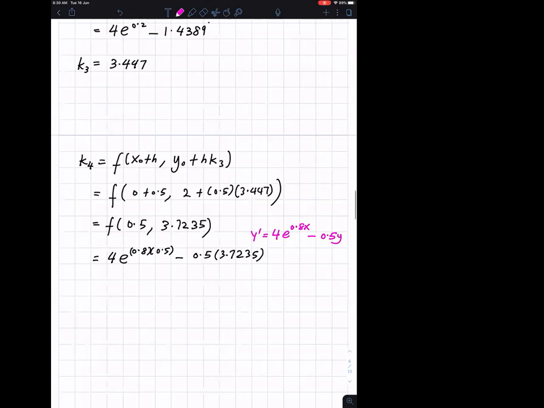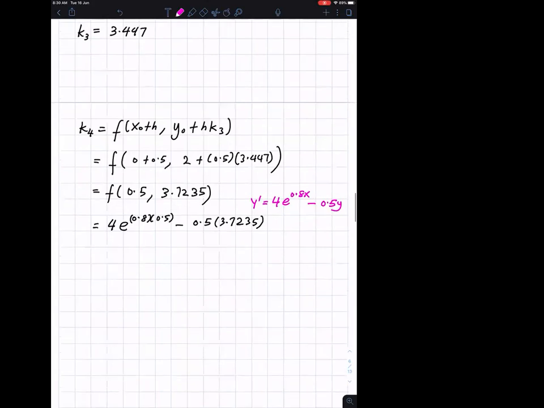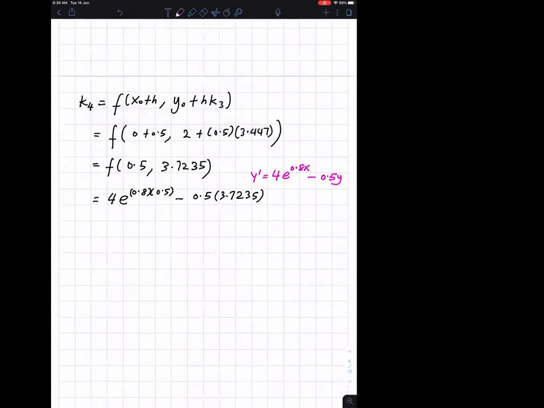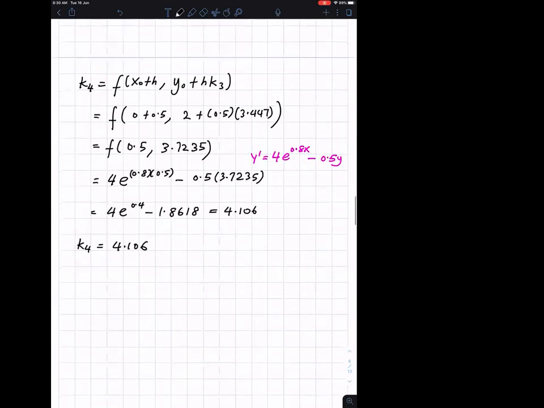Here and now. For e to the power of 0.4, so K3, sorry, K4. Okay, so any questions so far?